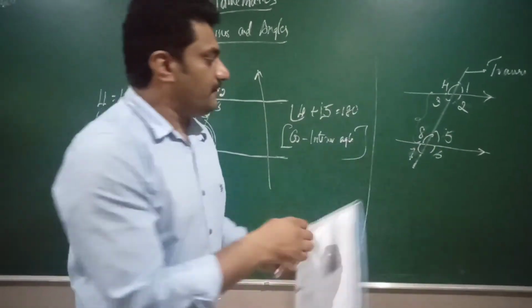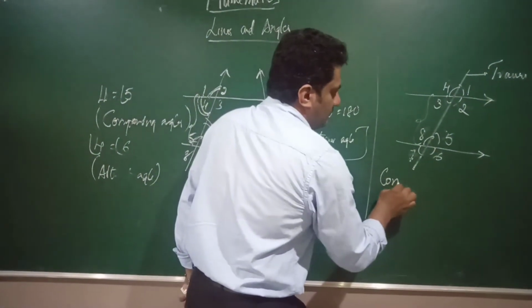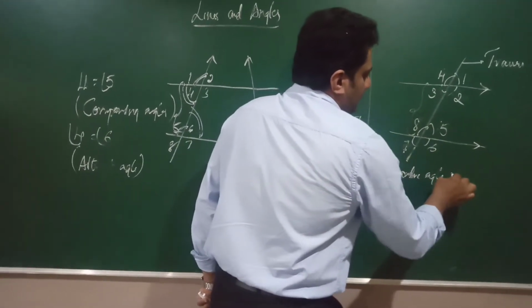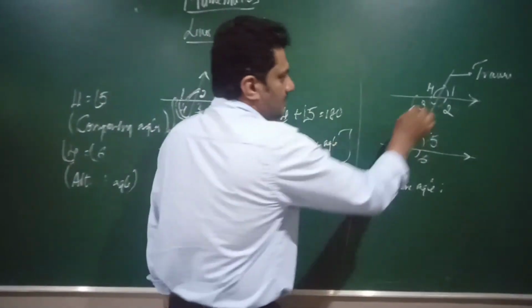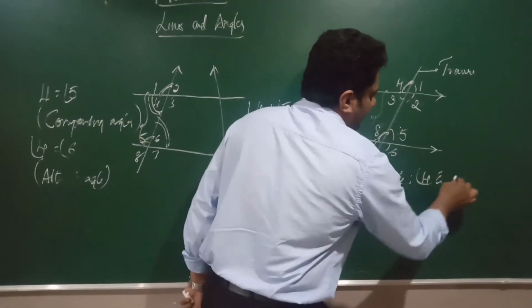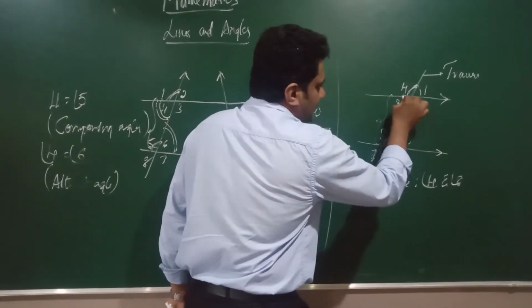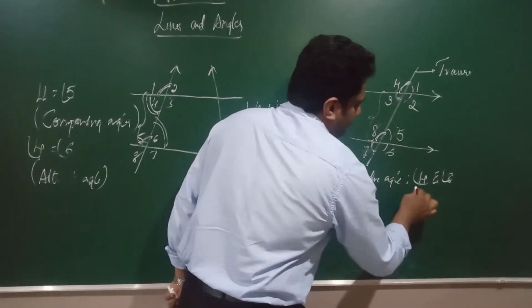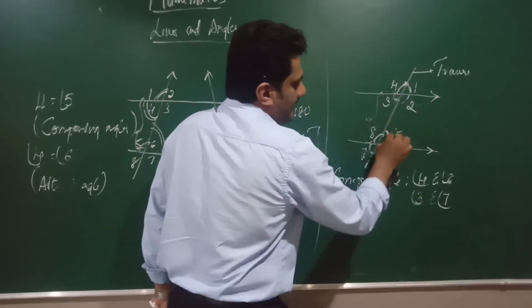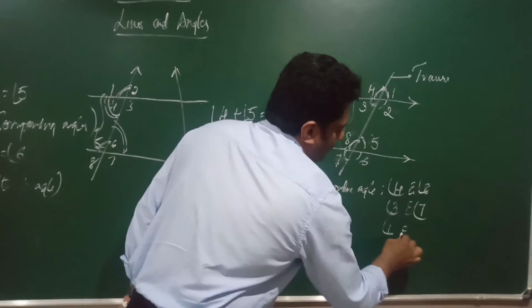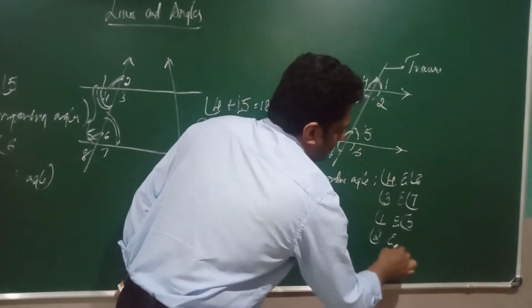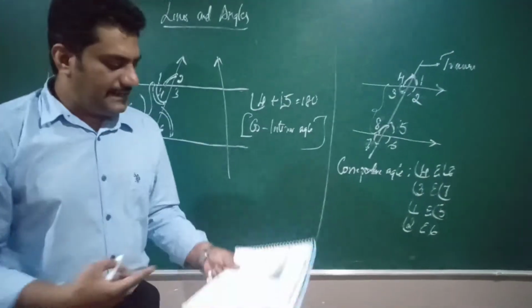Now we have to identify corresponding angles. In this, which are the corresponding angles? Angle 4 and angle 8, and then angle 3 and angle 7. Similarly, angle 1 and angle 5, and angle 2 and angle 6. Now these are the corresponding angles.